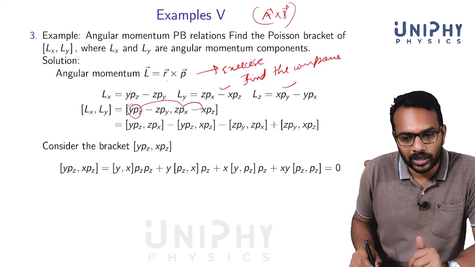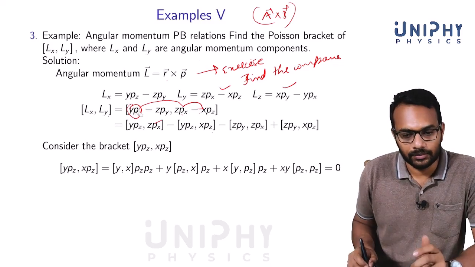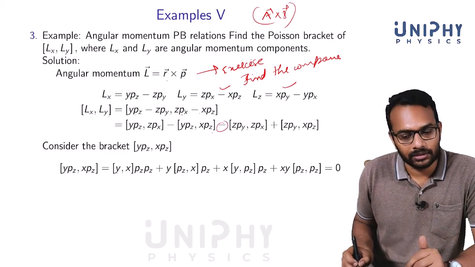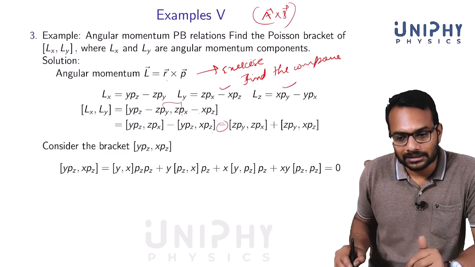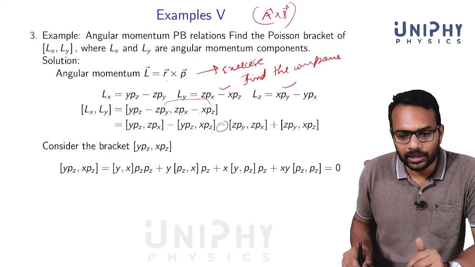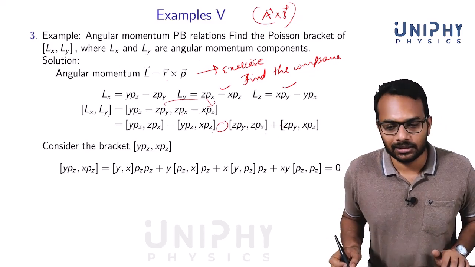So it's ypz with zpx, that's this term, and ypz with xpz, and there's a minus here, so it's minus ypz comma xpz. Then there's this minus which can be pulled out, and zpy with zpx. And zpy with xpz, but there's an extra minus in here, so it becomes plus zpy comma xpz. That's what we have done.